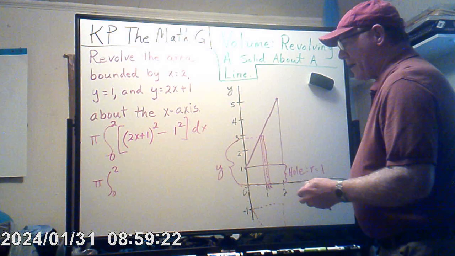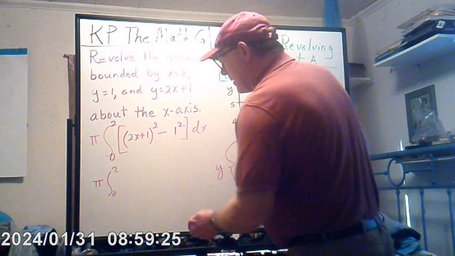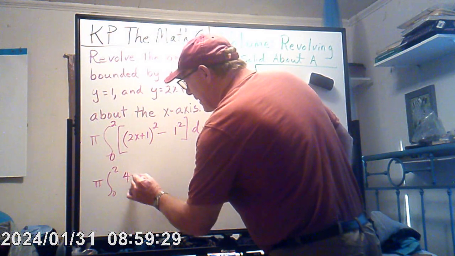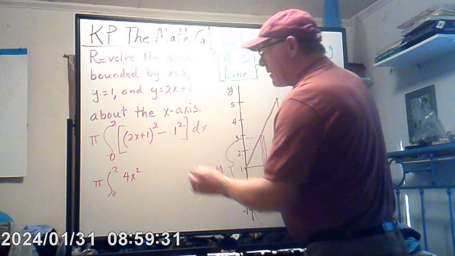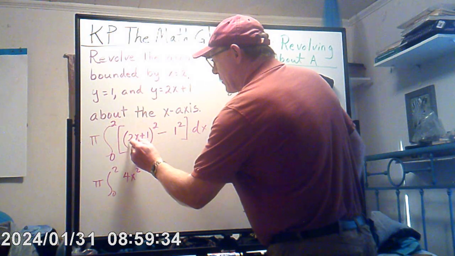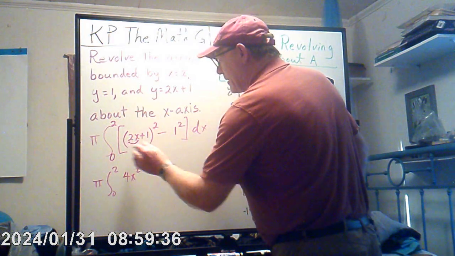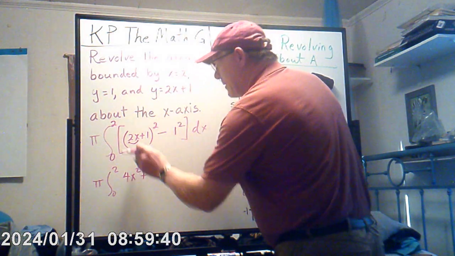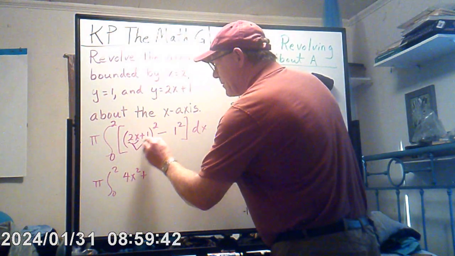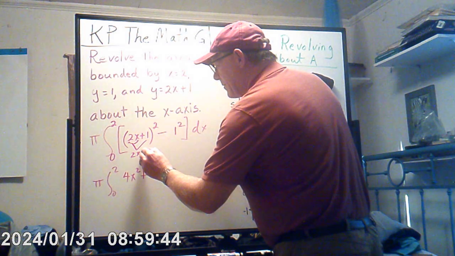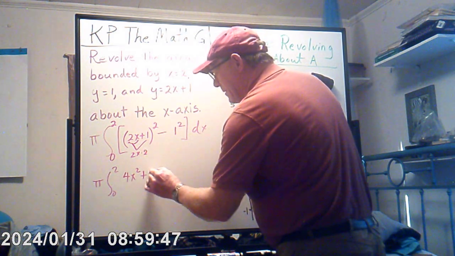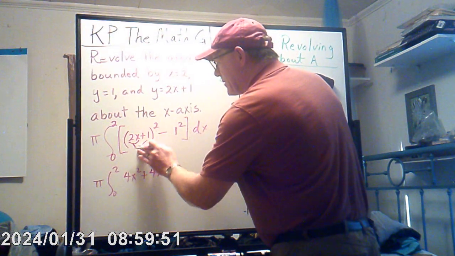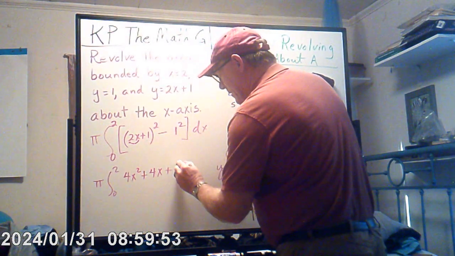Now, we have this. Let's square this. This is going to be 4x squared. And I always like the first one is squared. The first term is squared, 2x times 2x. This one right here, plus sign. 2x times 1 is 2x. But remember, you double that, so times 2, so that's 4x. And then 1 times 1 is 1. The last term is squared.